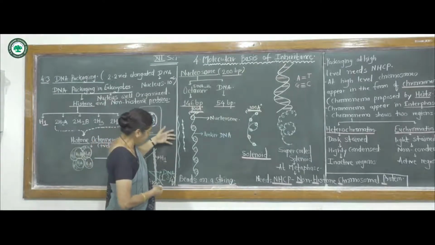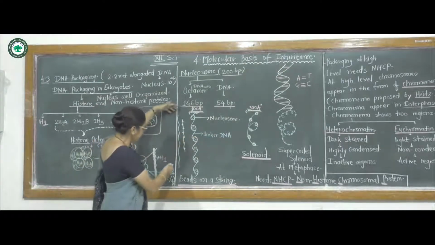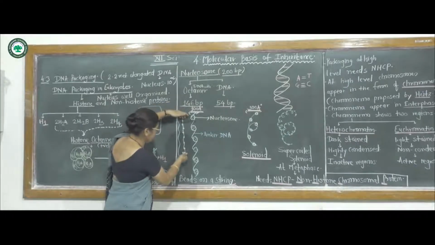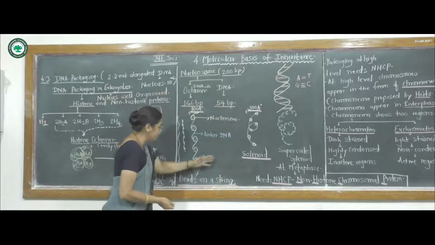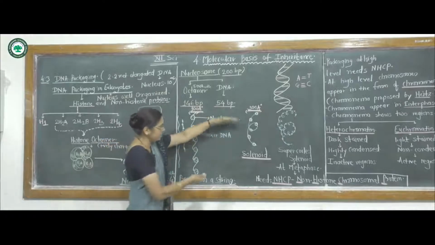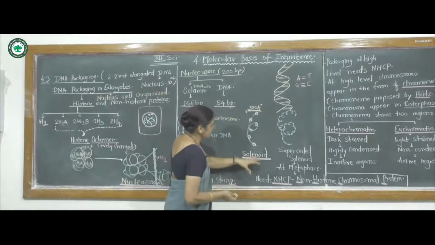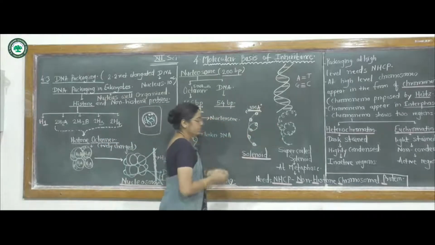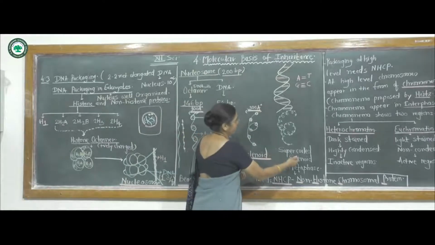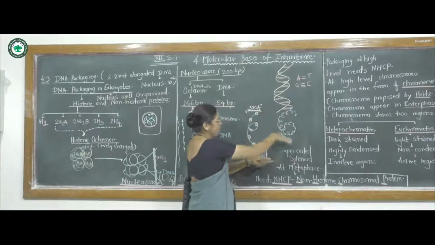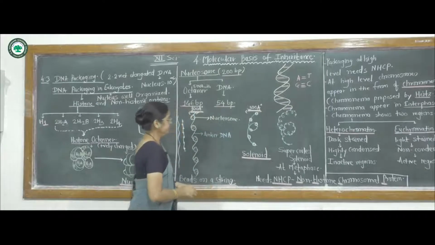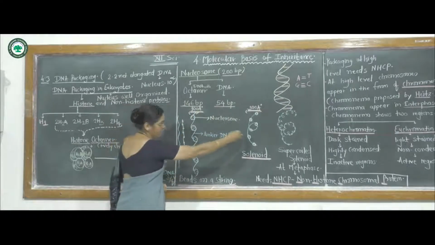And here we can observe that the DNA strand gets somewhat compressed, that means condensed, in the beads on a string, further condensed in a solenoid, and in the super coiled solenoid it becomes even more condensed. So that is the packaging of the DNA.